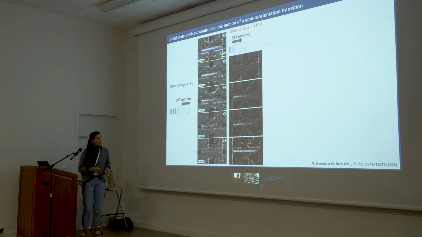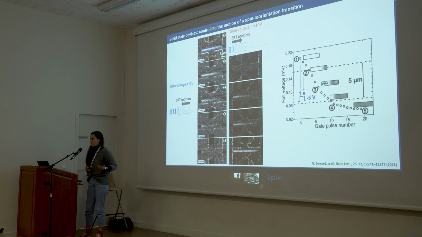What is nice is that you can track the motion of this object along the track. These numbers correspond to the images that you see here, so that we can get an electrical readout of every position of this spin rotation transition along the track, and then you can get the electrical signal that I showed you before.